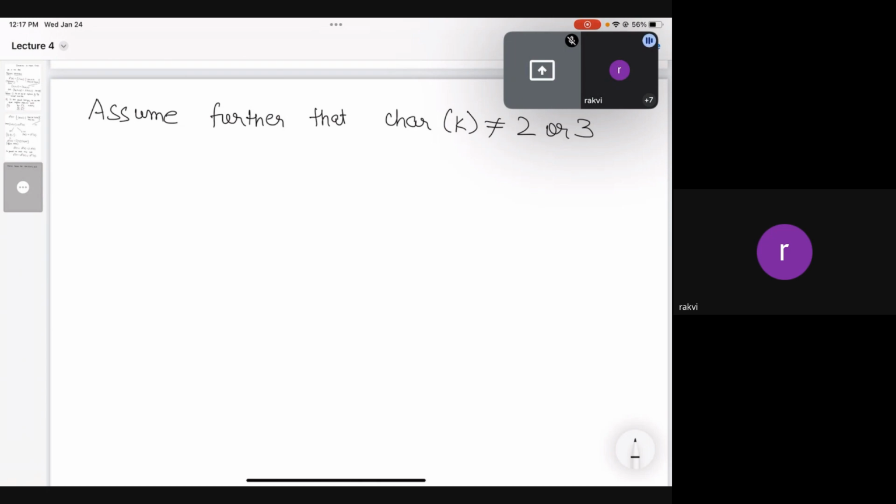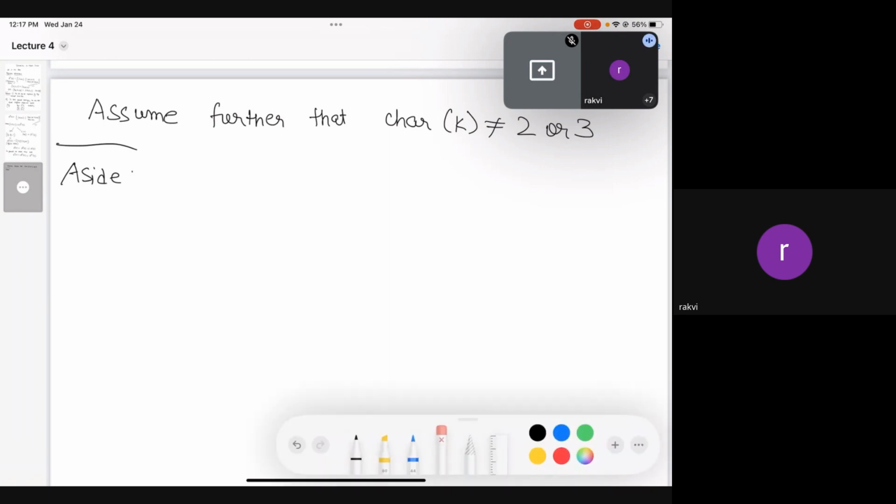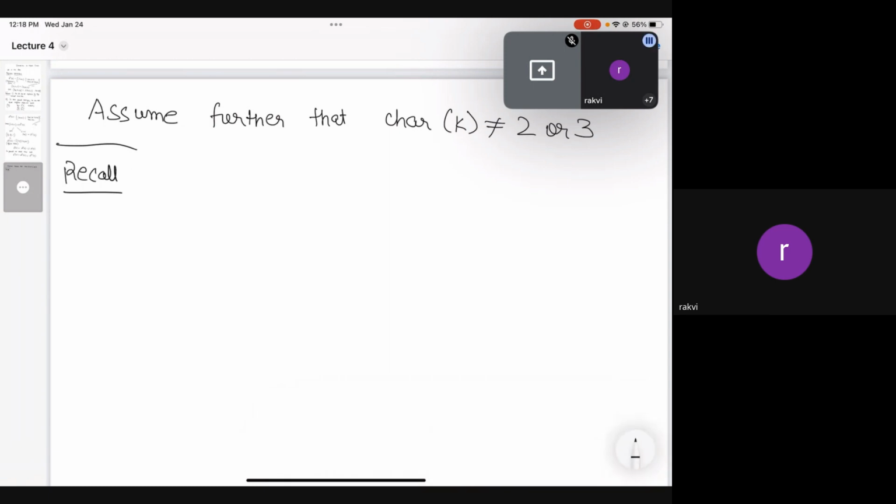So this is just an aside. Recall, in any field, we always have two identities, right? Additive identity and multiplicative identity. In simple terms, let's just call them 0 and 1.